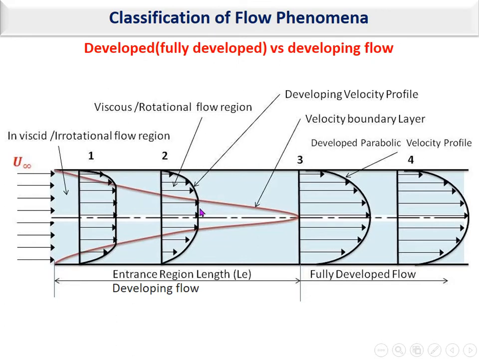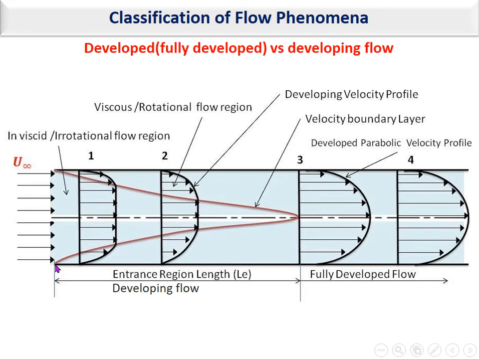As you go further to the right, you can see that the effect of the boundaries of the pipe will diffuse into the flow, and more and more of the fluid will be affected by the presence of the wall. Finally, at a point shown here, point 3, the two red lines, which are actually the boundaries between the region where the velocity varies and the region where the velocity does not vary, reach together.